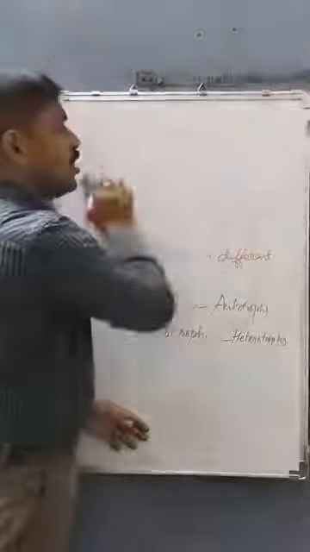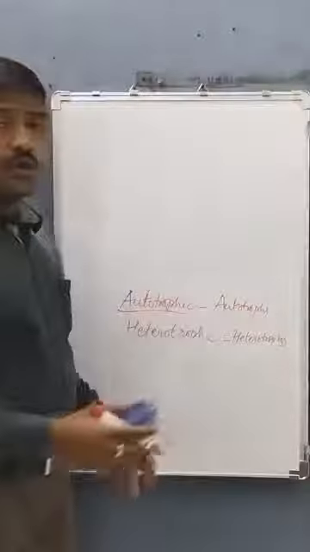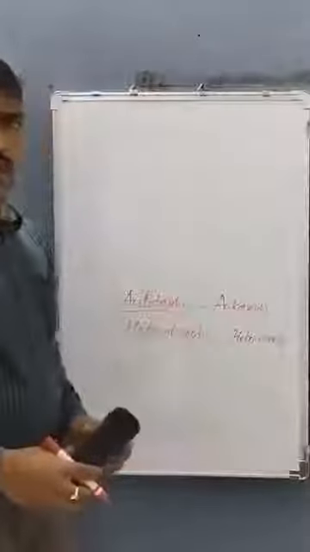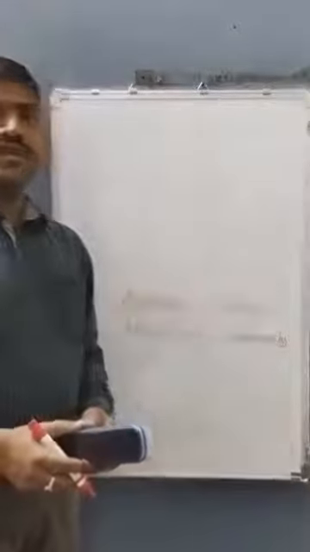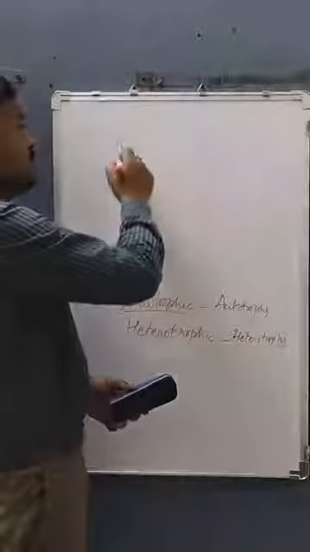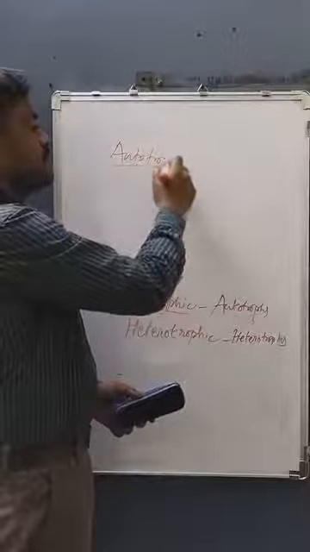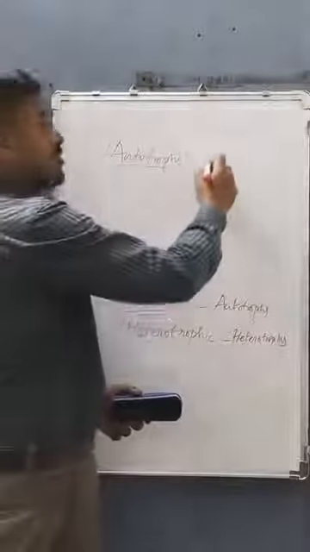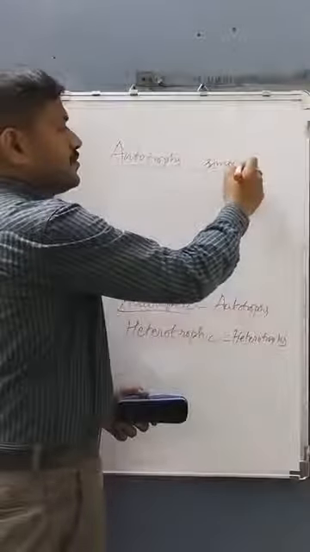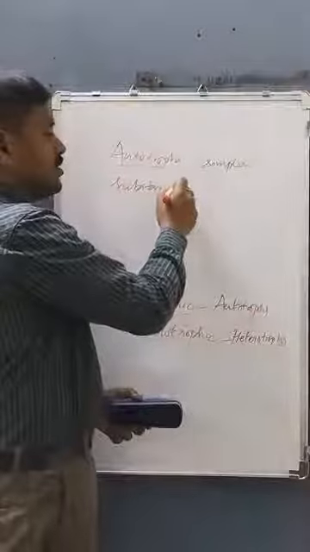So, what do autotrophs take as their food, and what do heterotrophs take as their food? And what is the source of food for autotrophs, and what is the source of food for heterotrophs? Autotrophs take simpler substances as their food, like CO2 and water.